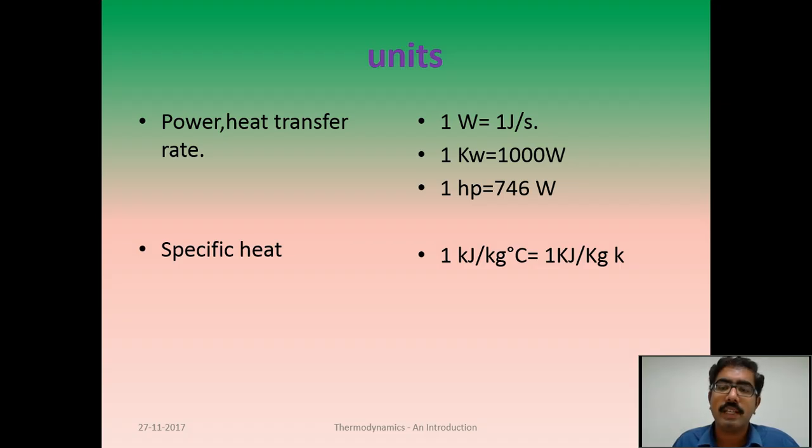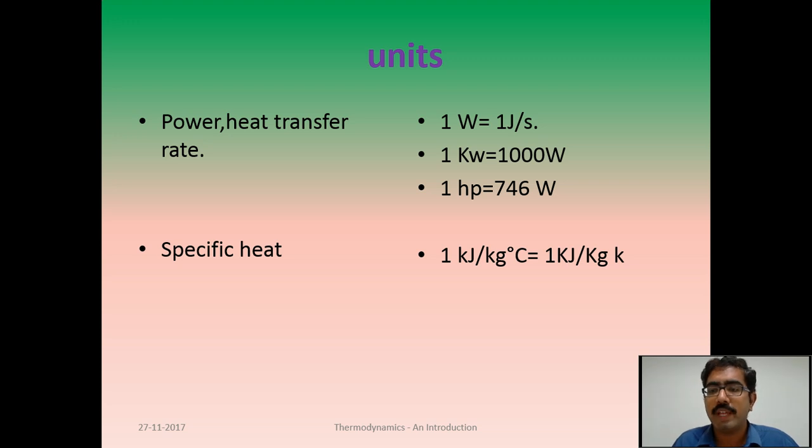Next one is the specific heat. Under the specific heat we have two types: specific heat at constant pressure and specific heat at constant volume. The unit is kilojoule per kg Kelvin, or we can say kilojoule per kg degree Celsius. That means we have 1 kg of mass at a temperature of 25 degrees Celsius.